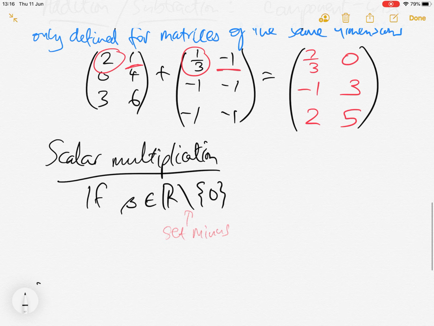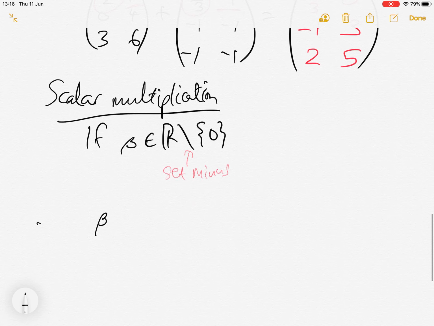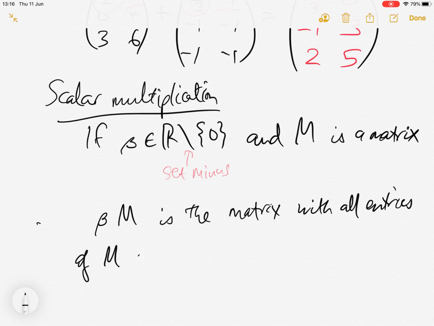So if beta is a real number that isn't 0, and we do beta times a matrix, maybe we'll just say first beta times M. So if beta is a non-zero real number and M is a matrix, beta M is the matrix with all entries of M multiplied by beta.